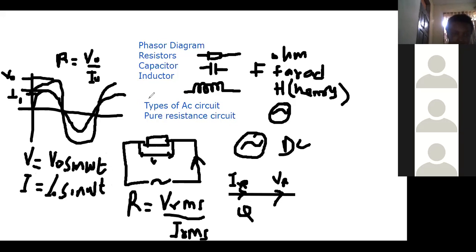So our resistance will be equal to V naught sine omega t all over I naught sine omega t. I'm just showing how this one came about.